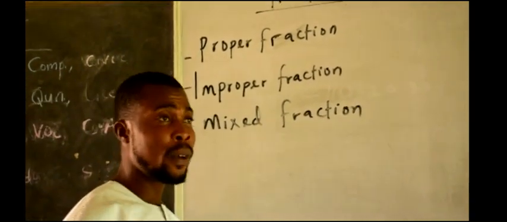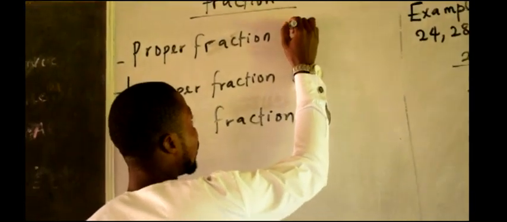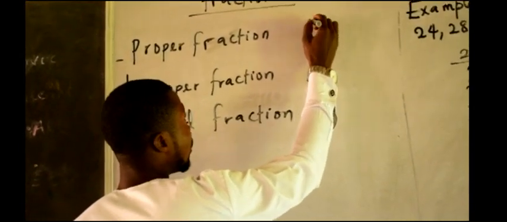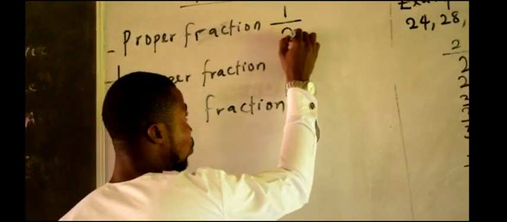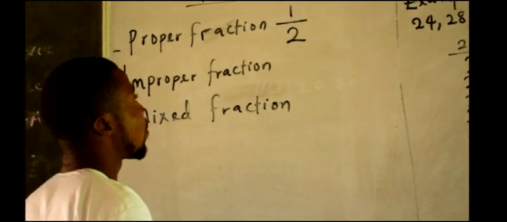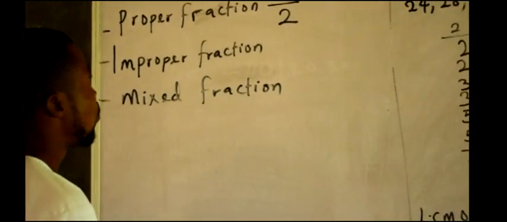A fraction is when you have a number dividing a number, for example 1 over 2.